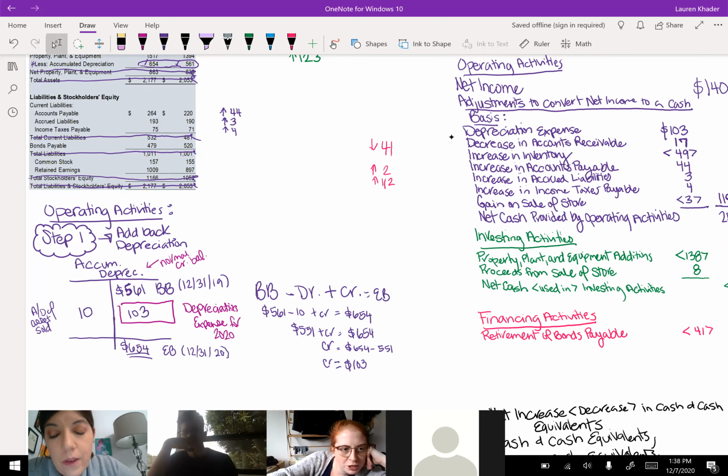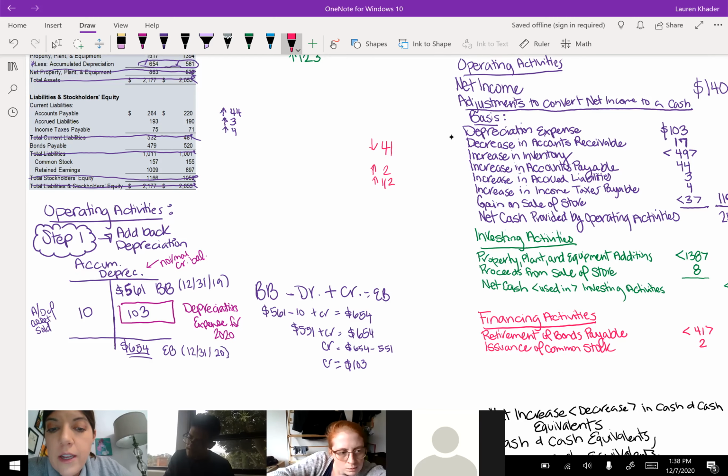Issuing additional stock. Yep, issuance of common stock. And when we issue common stock, cash is coming in or going out? Coming in. So positive 2.